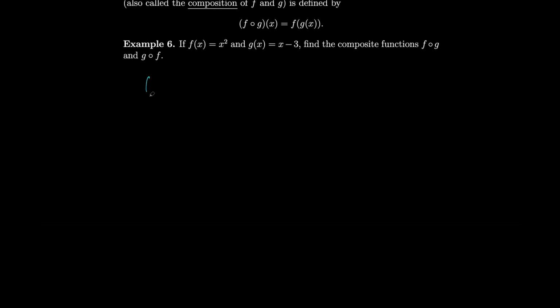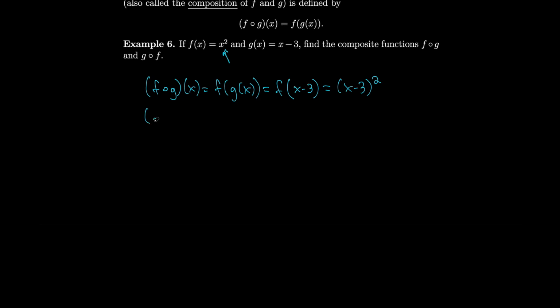So f composed with g of x, by definition, equals f of g of x, which is f of, well, g of x is x minus 3, so that's what we're plugging in, x minus 3. Okay, so if we plug in x minus 3 into f, that means that whatever we plug into f just gets squared. So just x minus 3 squared.